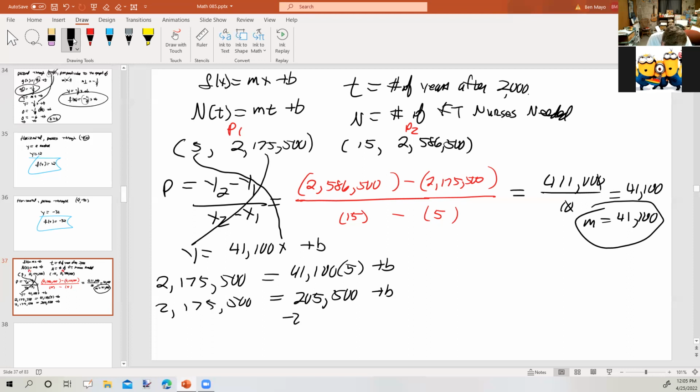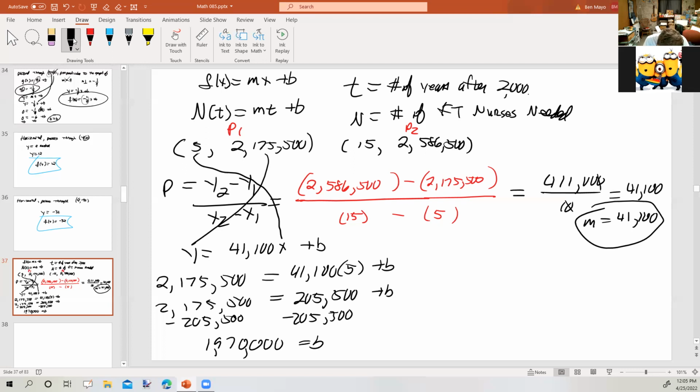We're going to subtract 205,500 from both sides, and we get 2,175,500 minus 205,500, we get 1,970,000 equals b.